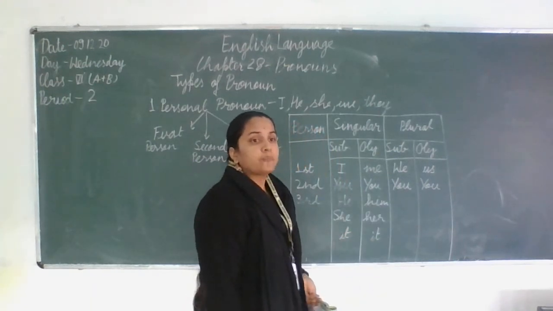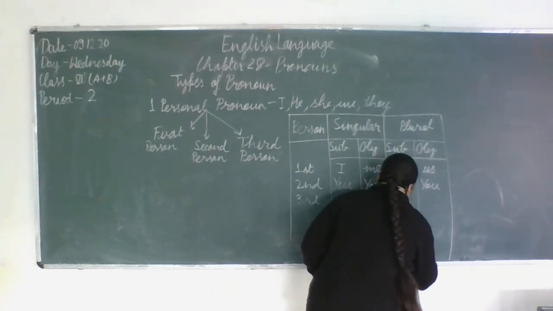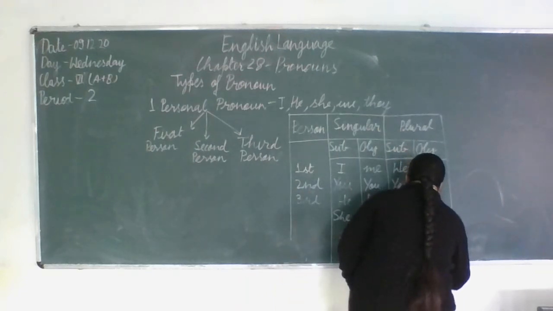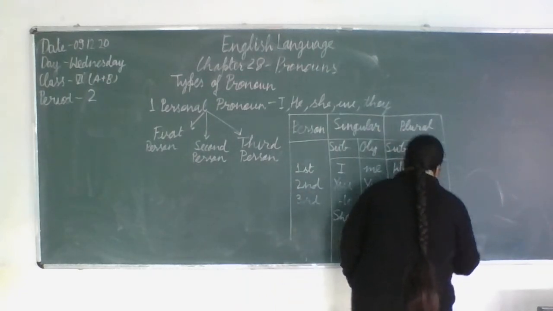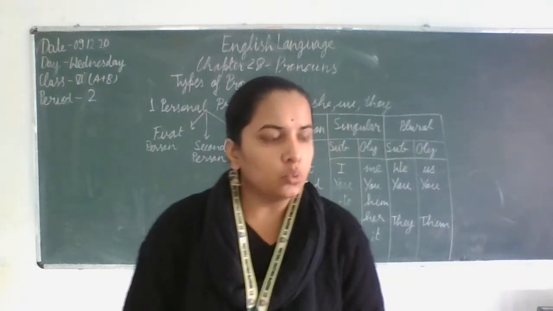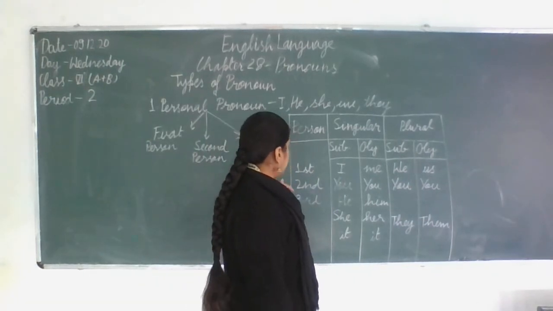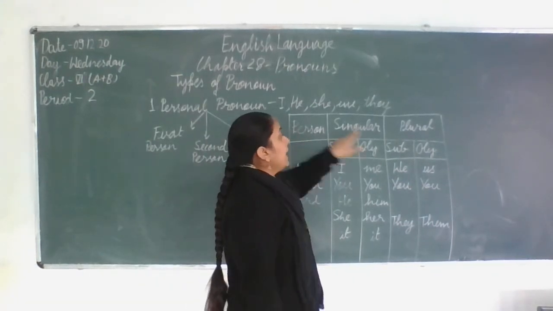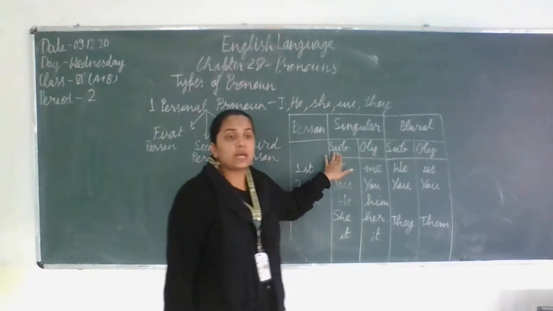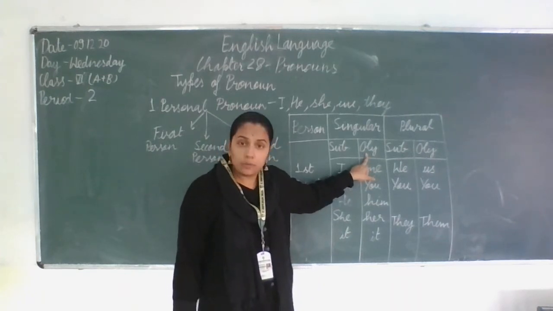And in case of plural, it will be they in the subject form, and in the object form, it will be them. So this is the way we use the first person, second person, and third person in singular and plural, and also where we are using it as the subject or as the object.